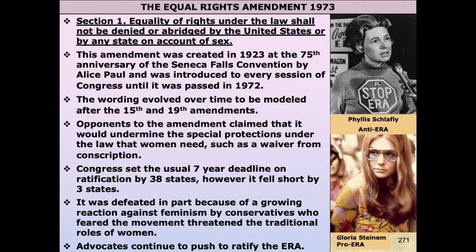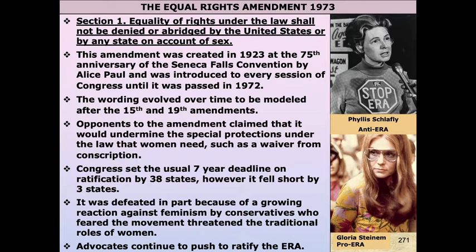So, opponents to the amendment, like Phyllis Schlafly, are going to claim that special protections under the law that women need, such as a waiver from conscription, is the reason why we shouldn't pass this amendment. All right, she's also claiming stuff like, oh, then we won't have separate dressing rooms, we won't have separate restrooms, blah, blah, blah. Bruh.